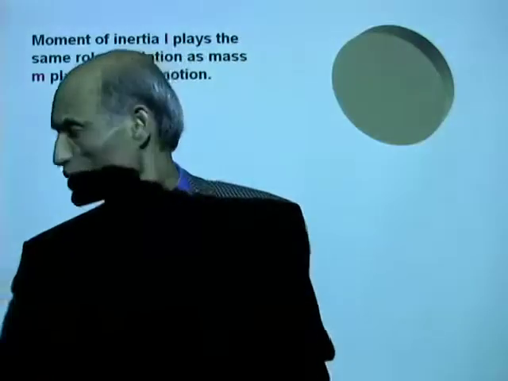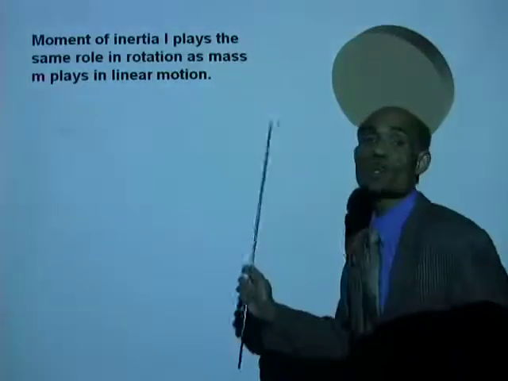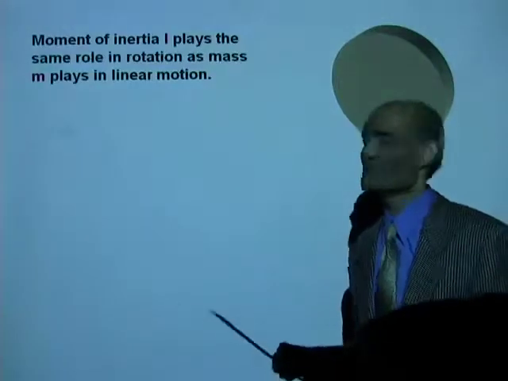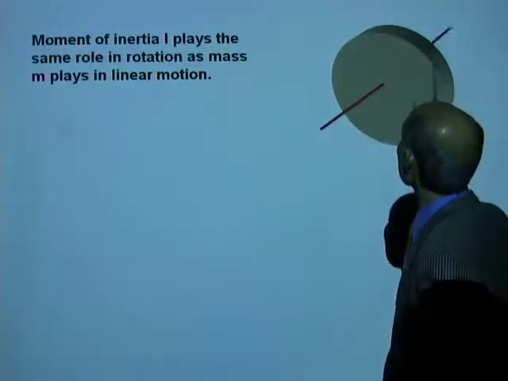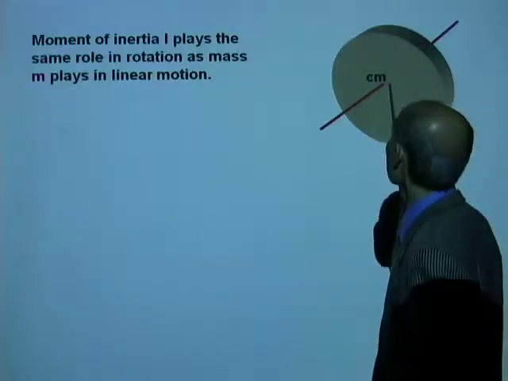Okay, now you need to remember a couple of formulae for moment of inertia of certain regular shapes, and I'm going to give you those formulae. First of all, let's consider a disk. A disk is the most commonly used device for rotational purposes. So a disk, and its axis passes through the center of mass.